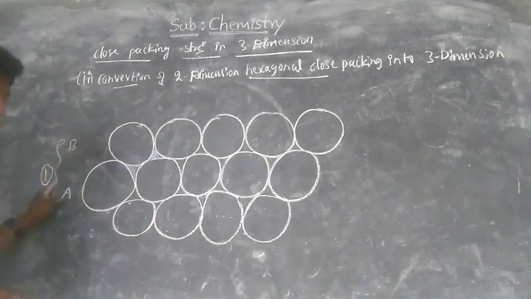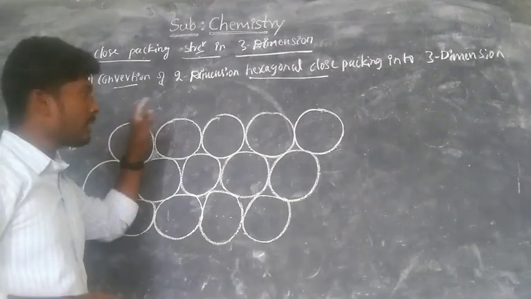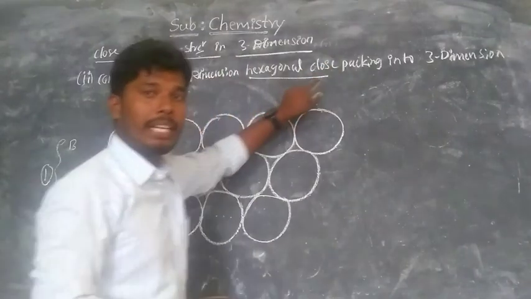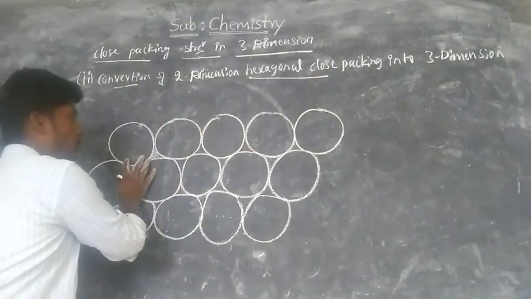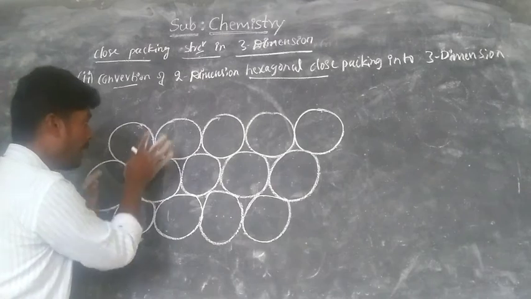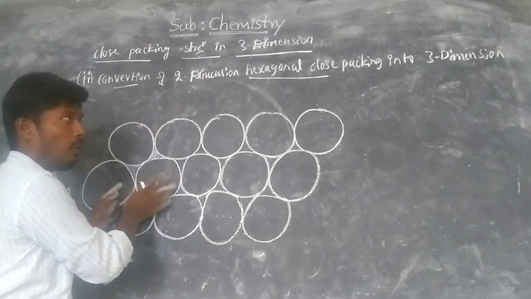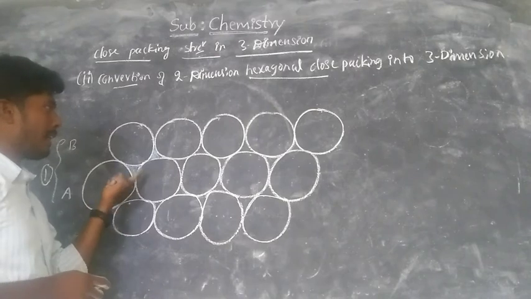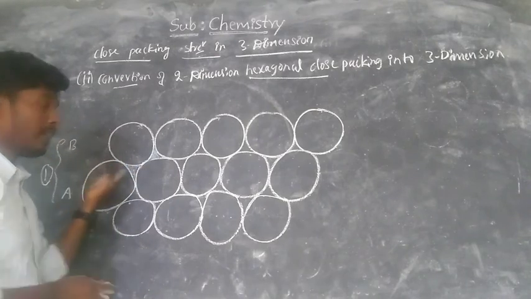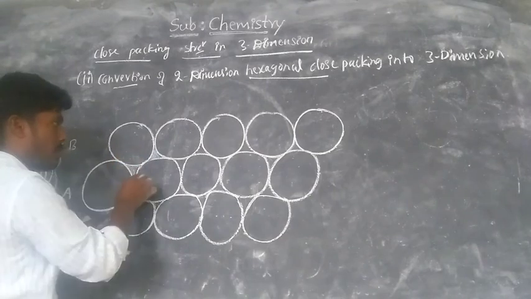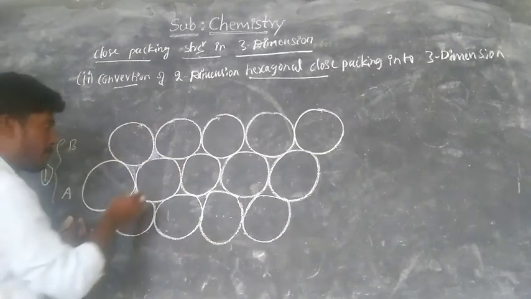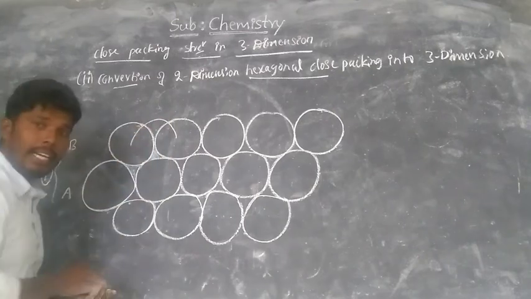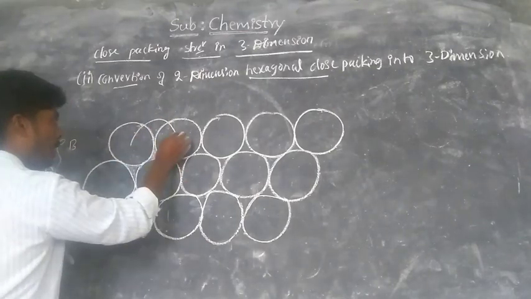Take the second layer of hexagonal closed packing; that is exactly placed over the first layer of hexagonal closed packing. So this layer has to be placed on the depression regions. This is the depression region, and on these depression regions we are placing the second hexagonal closed packing structure.